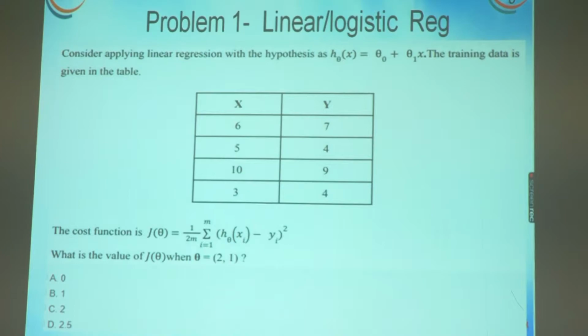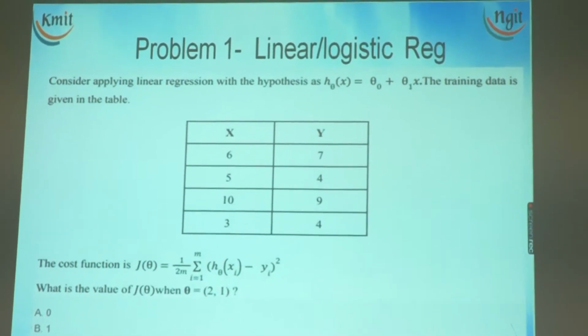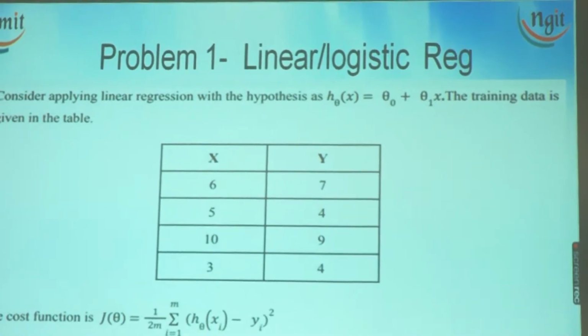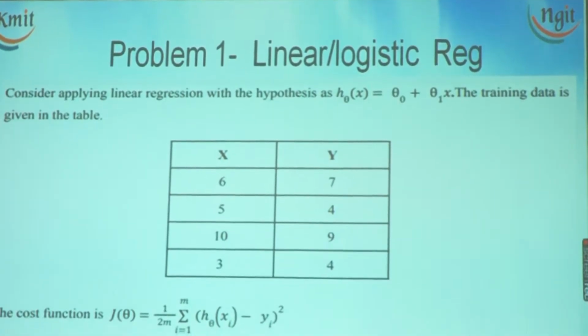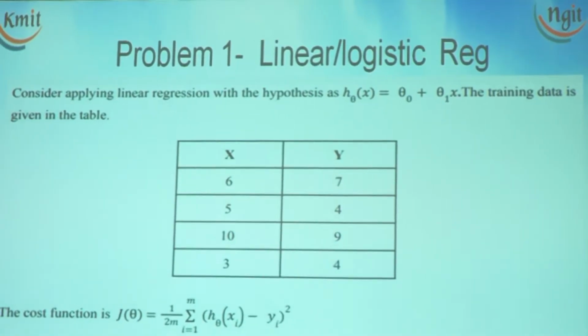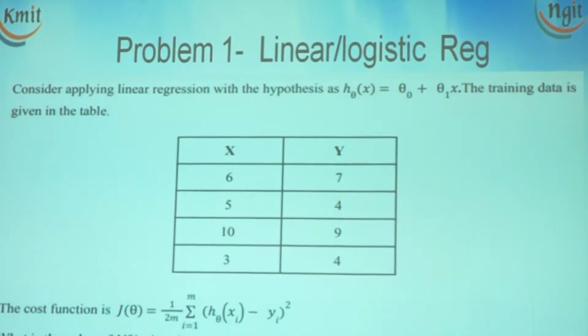Consider a linear regression with a hypothesis h theta of x equal to theta naught plus theta 1 x. The training data is given in the table. You have different x's and you have different outcomes, and you need to find out the error.